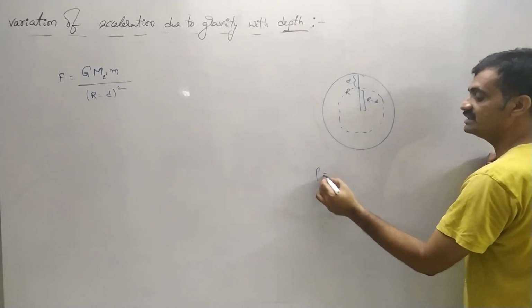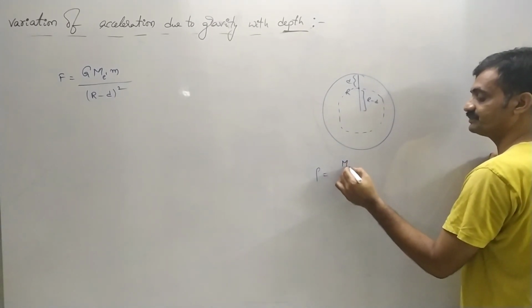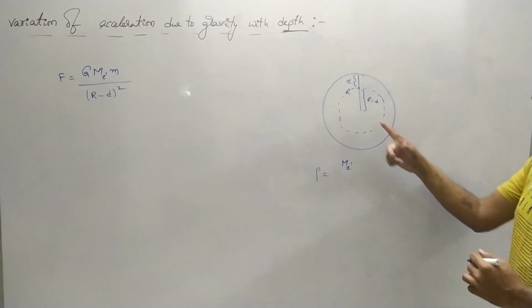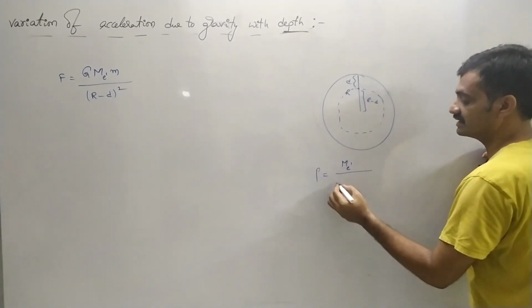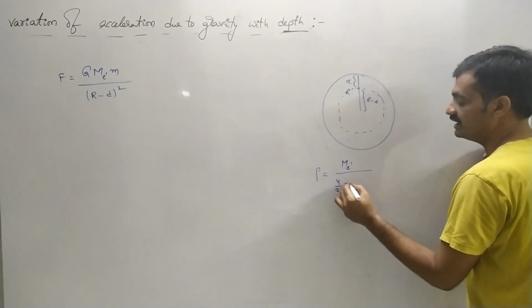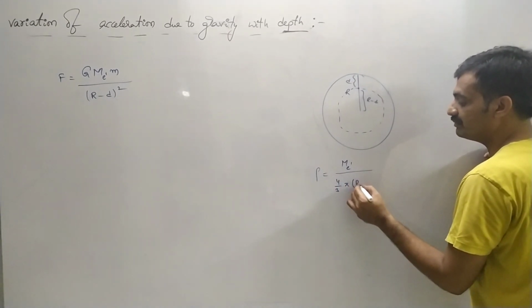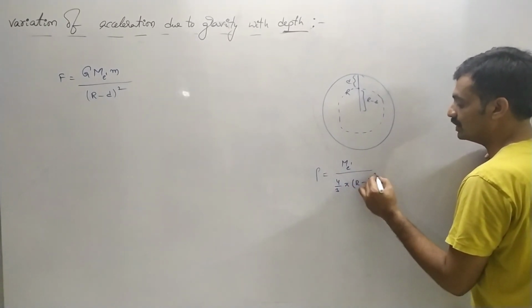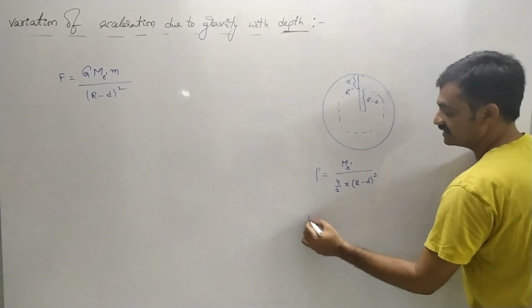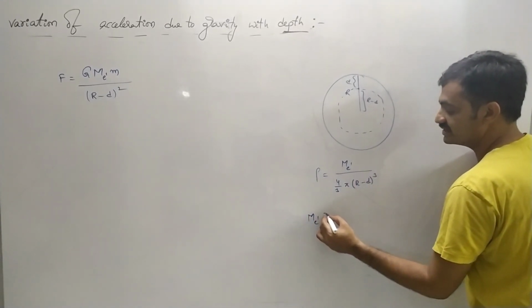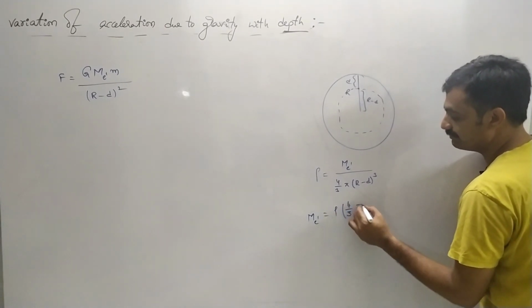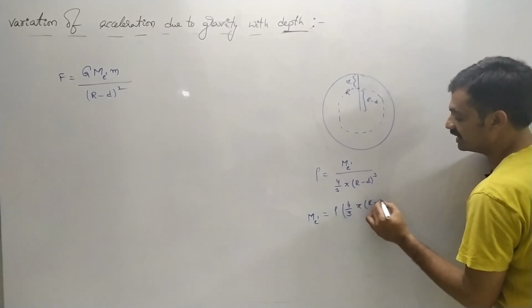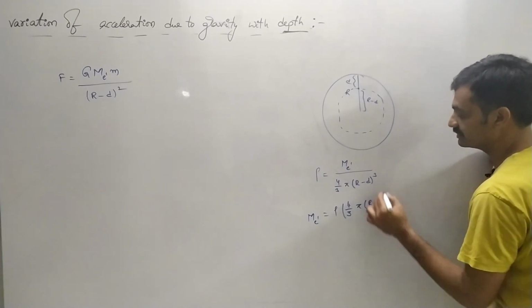Then density of the earth is equal to mass M e dash by volume of the earth for this sphere, 4 by 3 pi r minus d whole cube. Then observe that M suffix e dash is equal to rho into 4 by 3 pi r minus d whole cube.